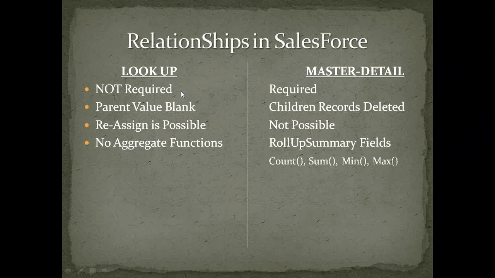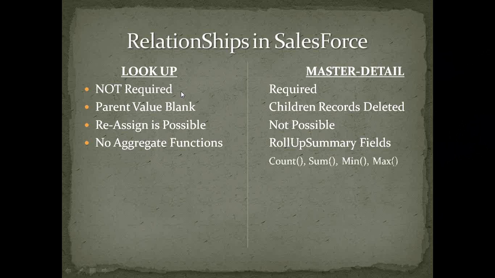Yes, this count function, sum function, min function, max function, you can use these roll-up summary fields on your master-detail relationship. That is the reason in the read-only fields section we observed auto number is working, formula field is working. Later you have roll-up summary, which is grayed out, and it is giving information that there should be a master-detail relationship and this object should be master.